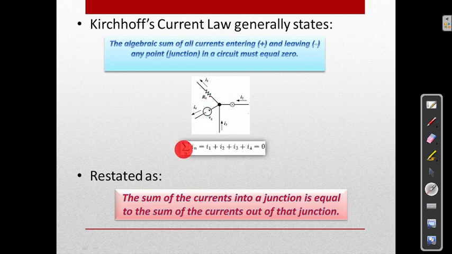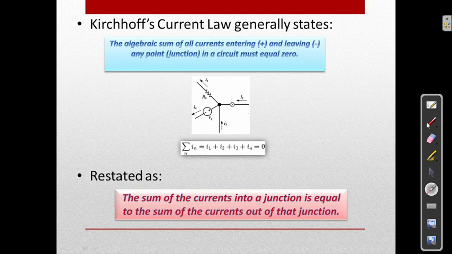You can see sigma of In for current In equals I1 plus I2 plus I3 plus I4 equals 0. As we said before, the algebraic sum of all currents entering and leaving at a junction must be equal to 0.